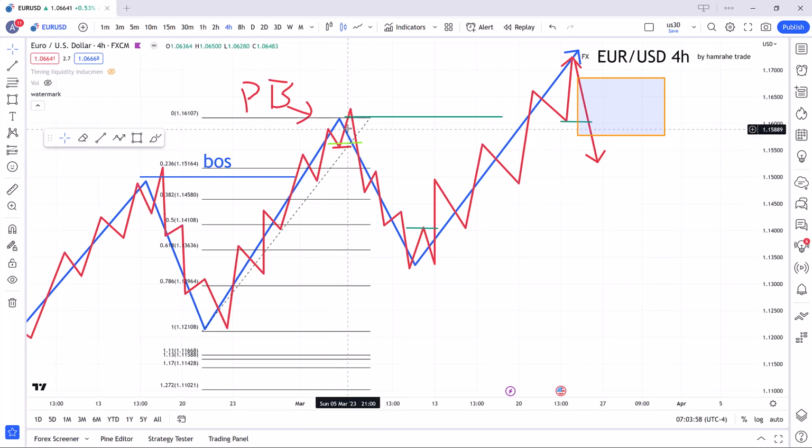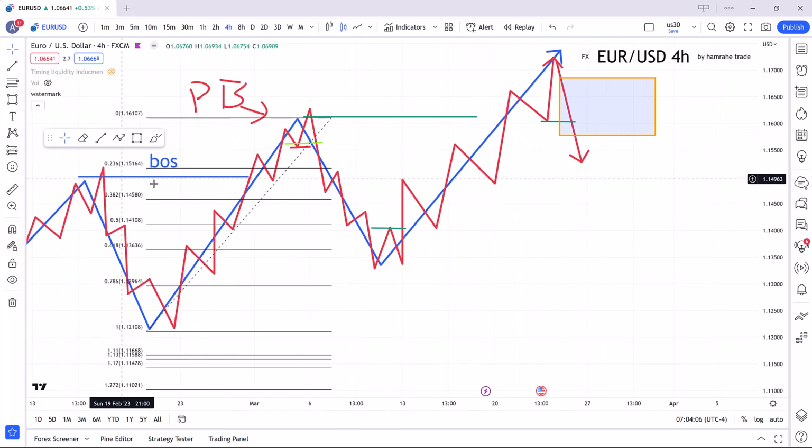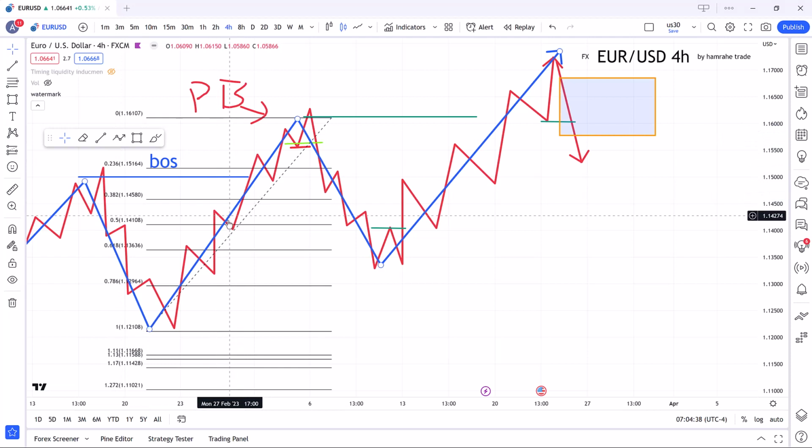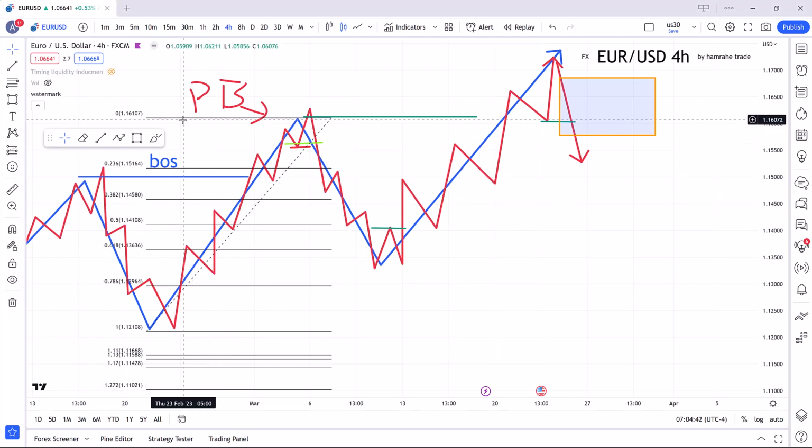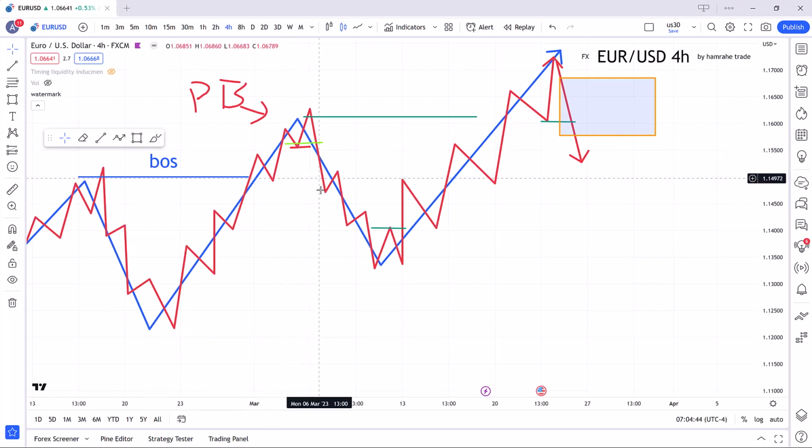If you want to sell the pullback, which I don't recommend, but some people want to catch these movements too. So when the market breaks a structure, we are going to use our Fibonacci tool. When the market breaks this structure and comes up and makes a minor pivot to the downside, we can say that we are allowed to start to think about selling setups.